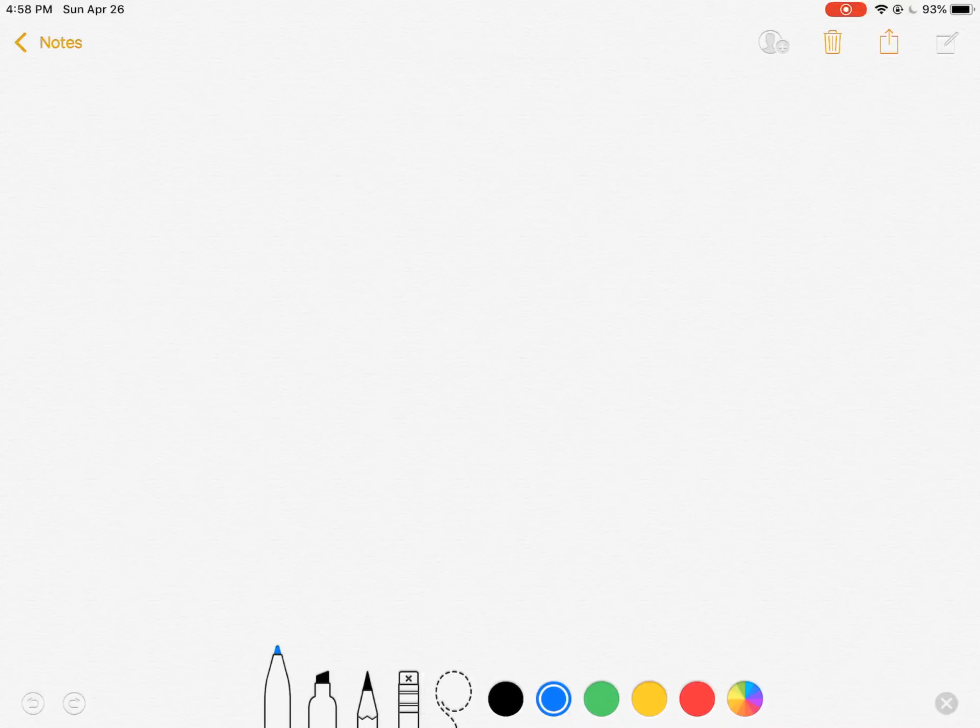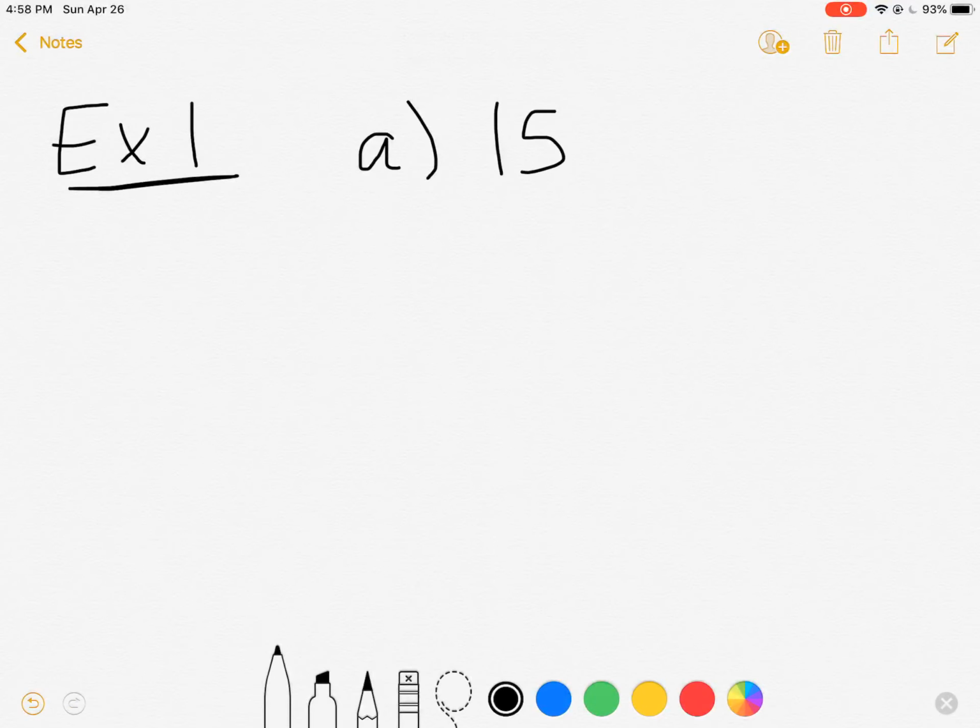So as we look at example 1, they want to know, is this number prime or composite? And our first one is 15, and then B part is 23. So when you're trying to decide if a number is prime or composite, just think of everything that divides into it.